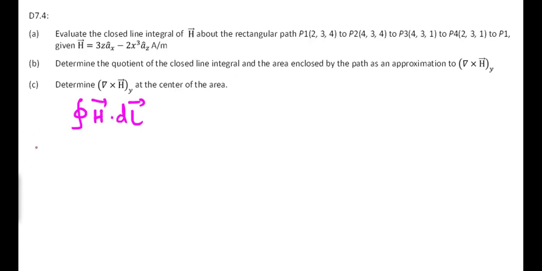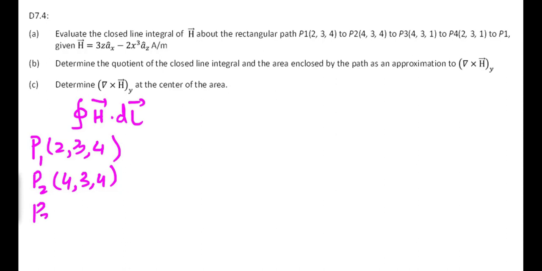The path is given to you, so let me rewrite the path expression. The path goes from point 2, 3, 4, then to 4, 3, 4, then to 4, 3, 1, and then 2, 3, 1, and back to the start.